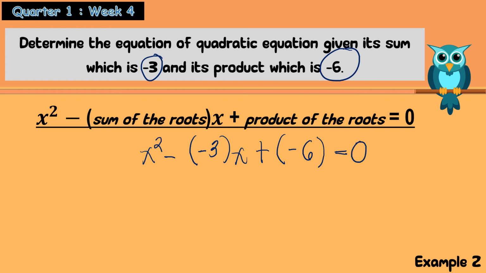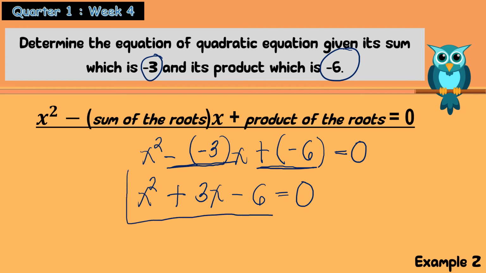So we're going to simplify each term. You copy again here x squared and then negative times negative 3x, you got here positive 3x. And then positive times negative 6, you got here negative 6 is equal to 0. So again, this will be the quadratic equation given the sum of the roots, which is negative 3, and its product, which is negative 6.